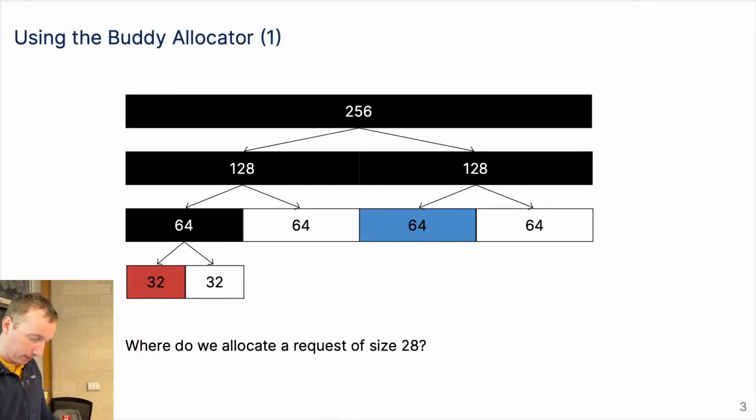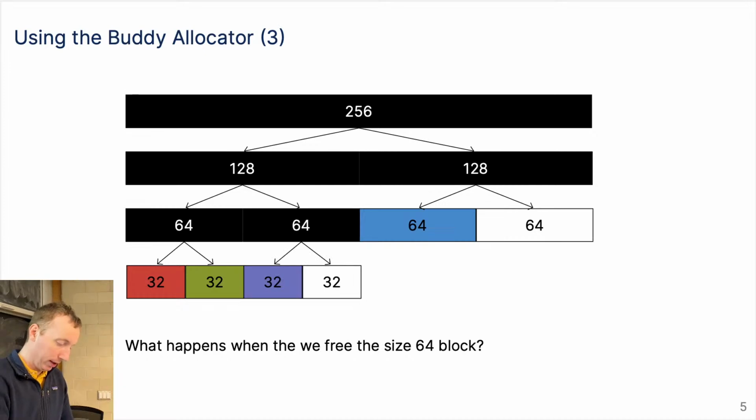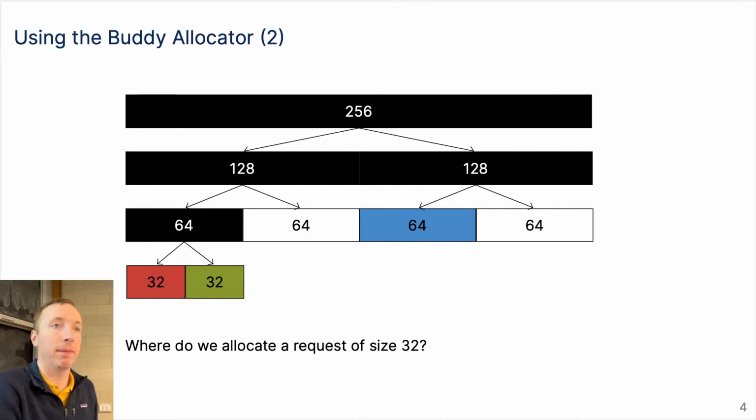Fairly good. Okay, so we just put it in. In this case, I colored it green. So now it's green. So now what happens if we have another request come in of size 32?